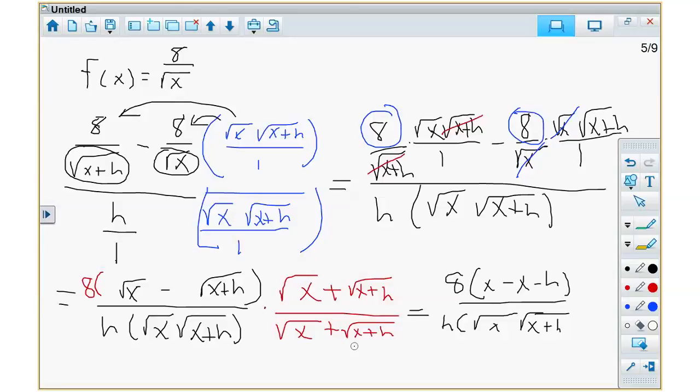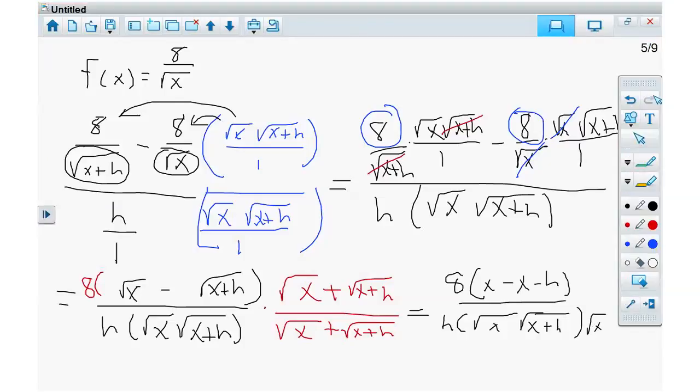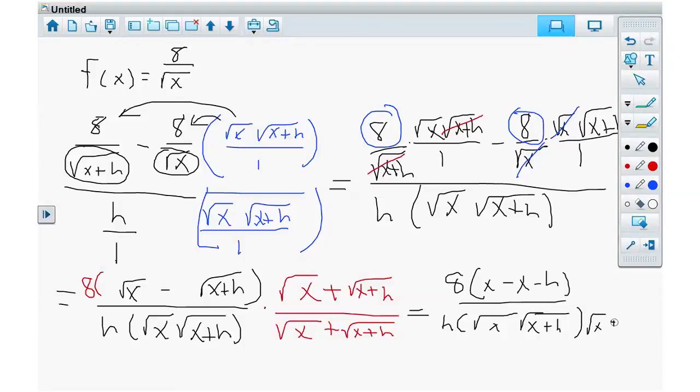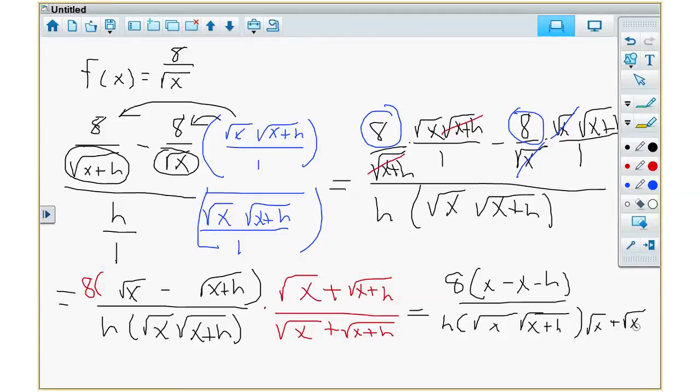Did I do that? Let's see. h, x plus h, x times x, square root of x, plus square root of x plus h. Make sure I got that right. x plus h. Okay.